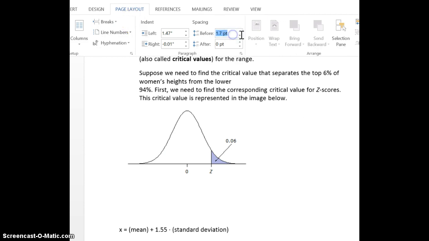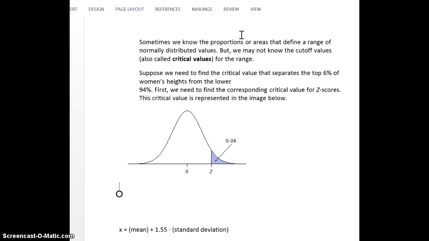Now, sometimes we know the area, but we want to find the associated z-value. That's called the critical value. For our TI, if we know the probability to the right of a z-value is 0.06, we want to find out what is that z-value.